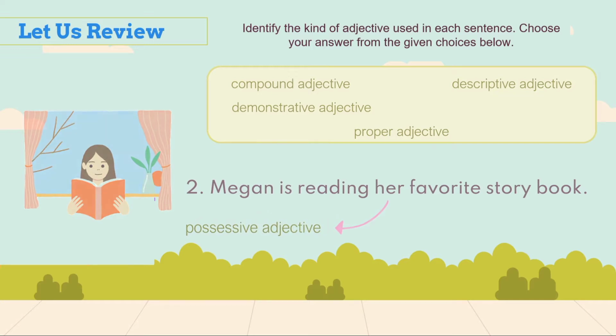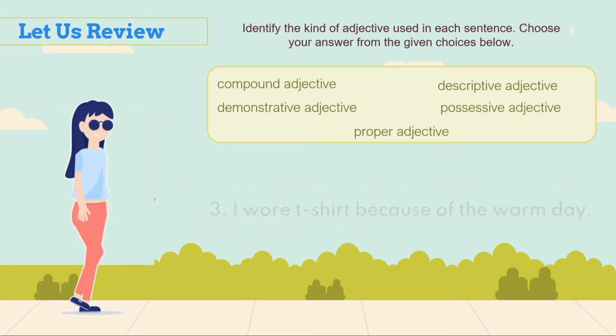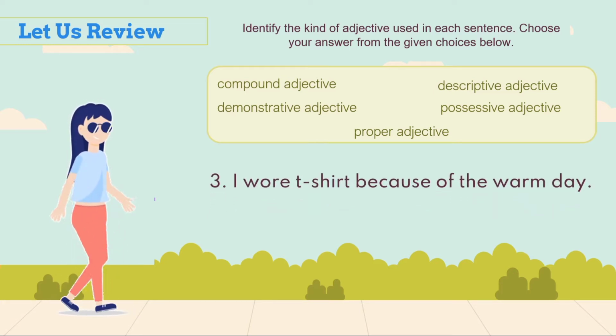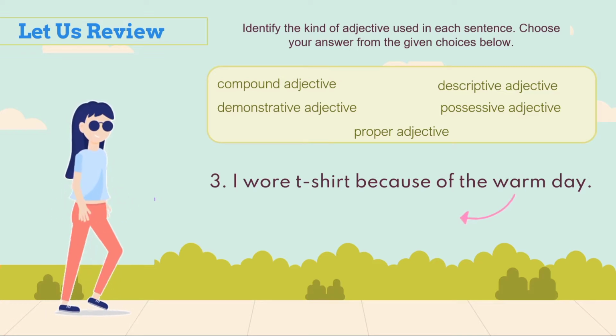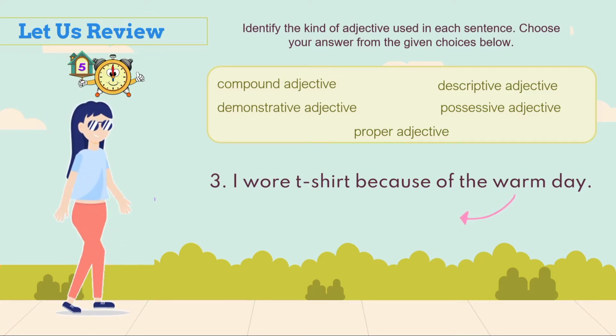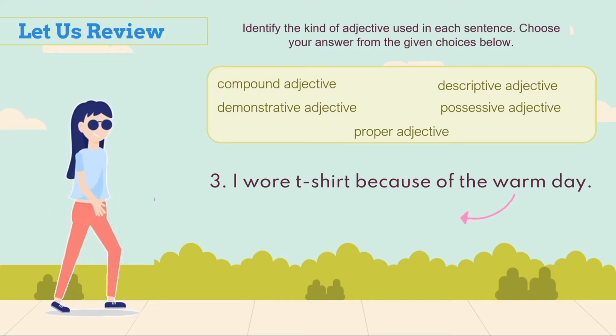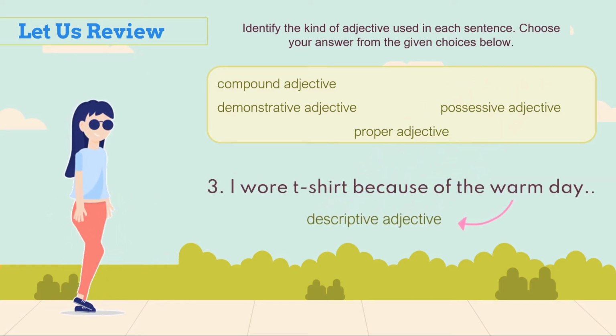How about number 3? I wore a t-shirt because of the warm day. The adjective used is warm. So what kind of adjective is warm? A descriptive adjective. Okay, very good.